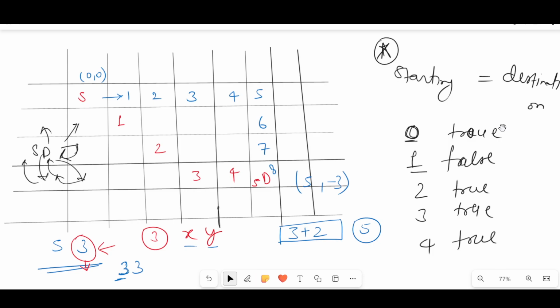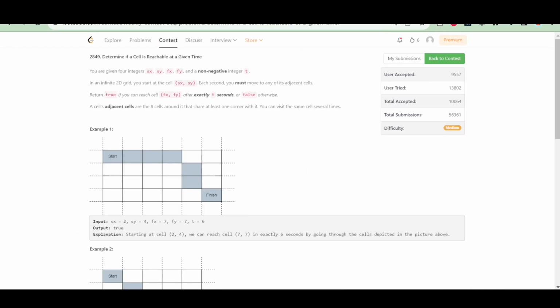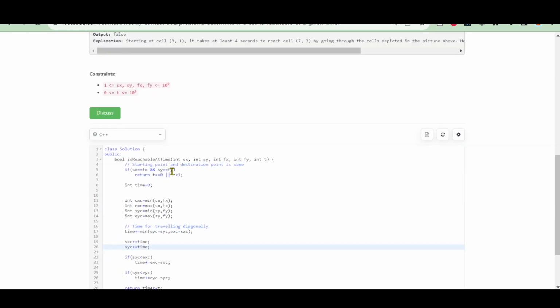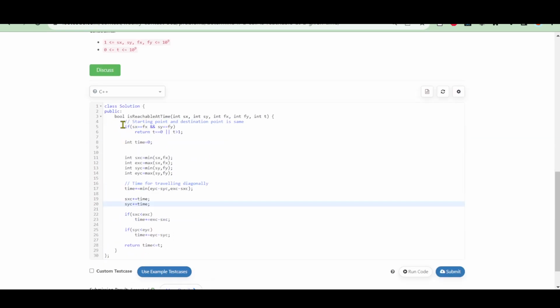That's it. Now I'll explain the code and it will become clearer how I have done it. Here I have separately managed the edge case when the source and destination are the same. I'm returning true when time is 0 or greater than 1. When time is equal to 1, I return false straight away, without making any further calculation.